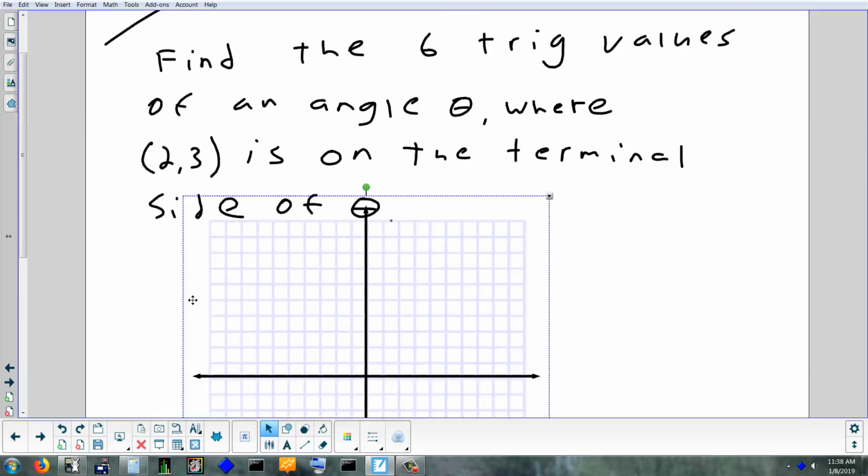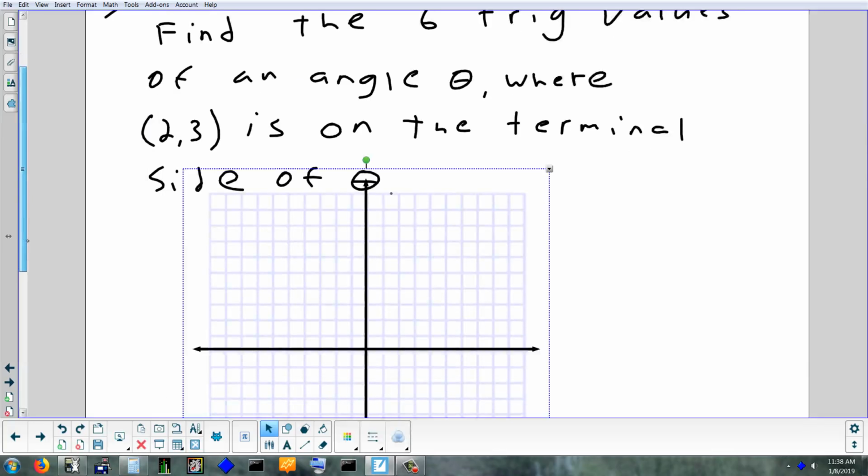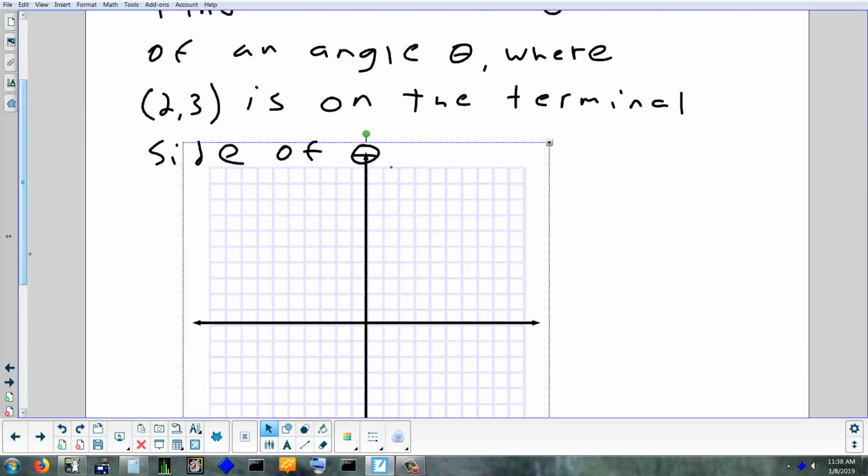All right. The point 2,3 is on the terminal side of the angle. 2, 3. That means the terminal side of the angle, it's not perfect, but it's about like that. Initial side is always on the x-axis.